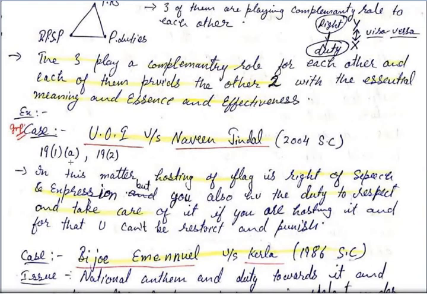So not taking care of that, उसको उतारा नहीं, then you are using your right, but at the same time you are not doing your duty, and under the Prevention of Insults to National Honour Act, you can be prosecuted and punished. That is what the court held in this case. If you are claiming your fundamental right, then you must fulfill your duties also.